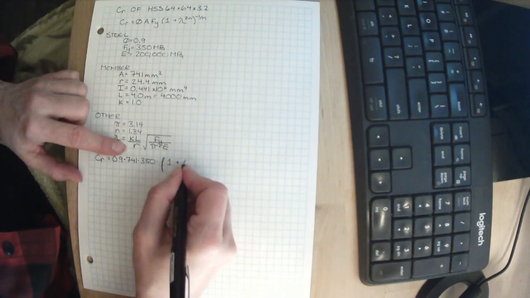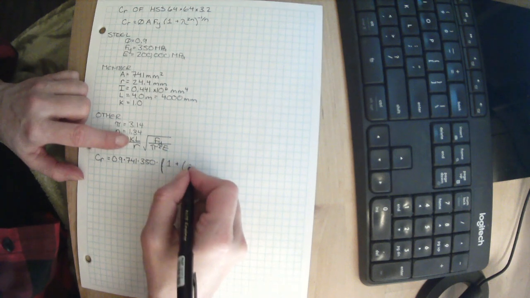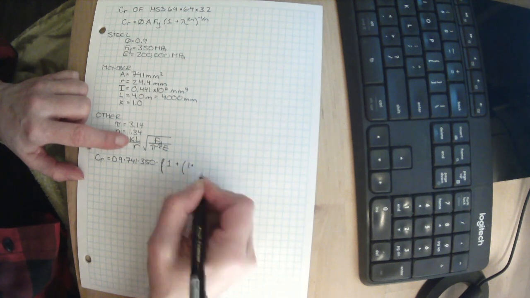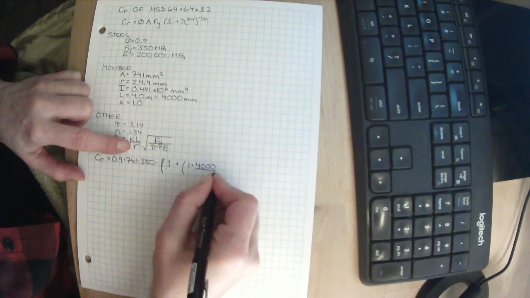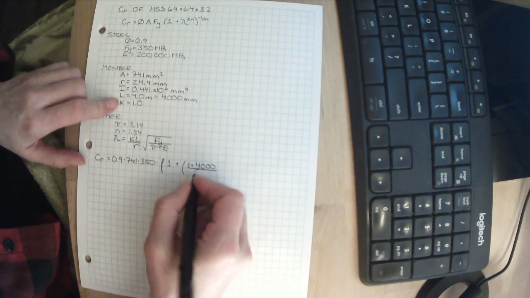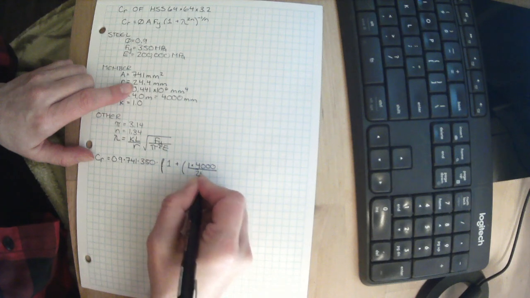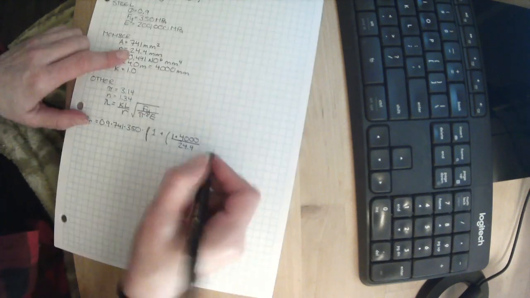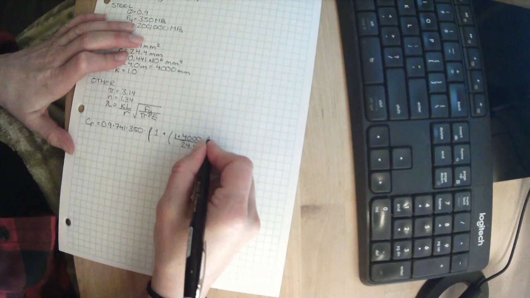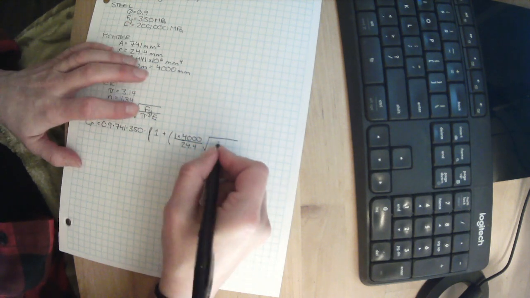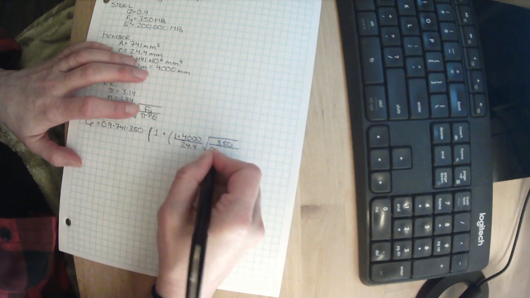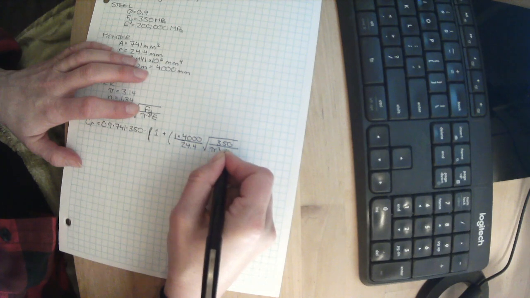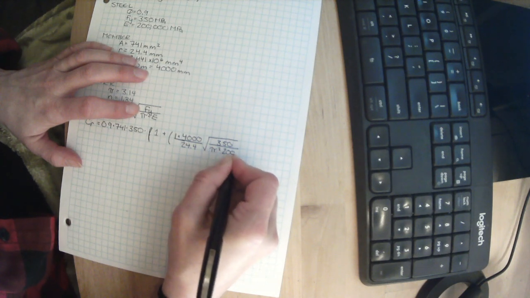So lambda, let's make brackets here. K is 1 times L, which is 4,000, divided by R, which is 24.4, times the square root of Fy, which is 350, divided by pi squared times E, which is 200,000.